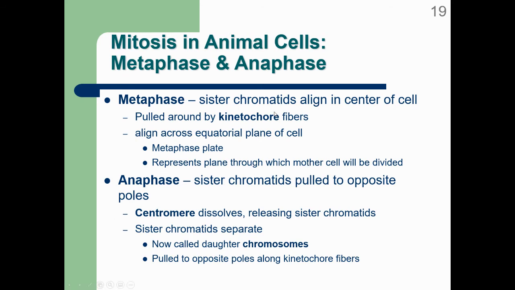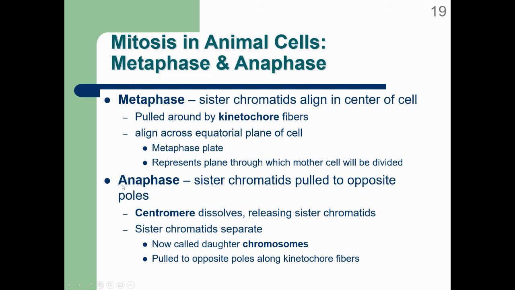The metaphase plate, this is where the mother cell is going to be divided. So I could draw a line right through that metaphase plate, right through all of the centromeres, and that would tell me, oh, this is the direction we're going to divide. So metaphase, my sister chromatids are lined up in the center of the cell.